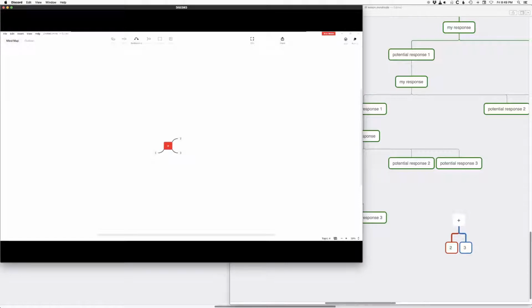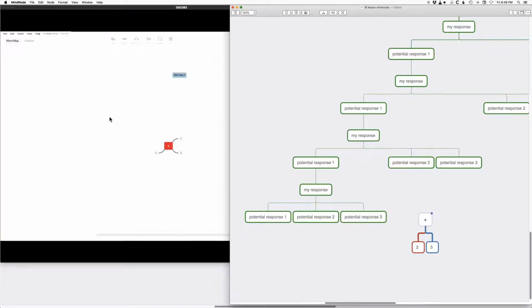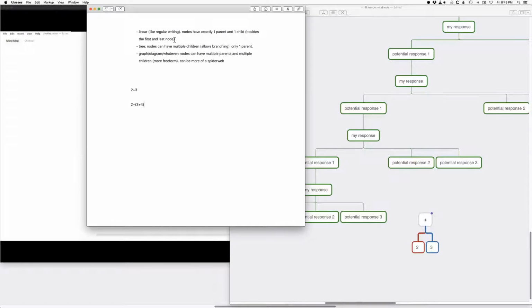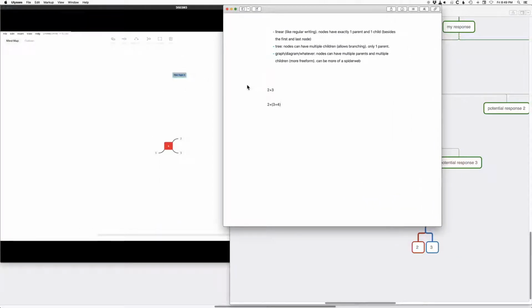Okay, and then the other thing we were doing... What was the other thing we were doing here? It's back on screen. Okay, so 2.